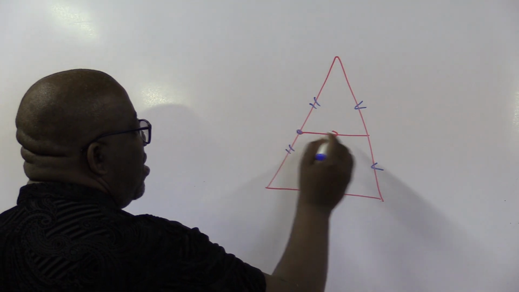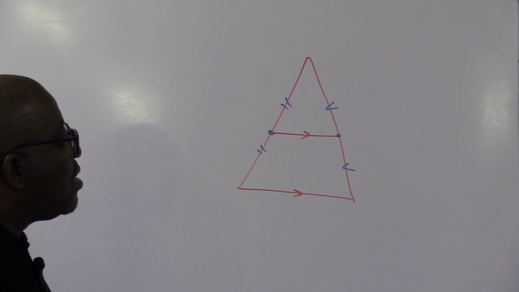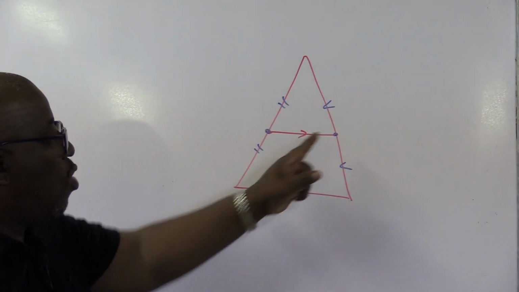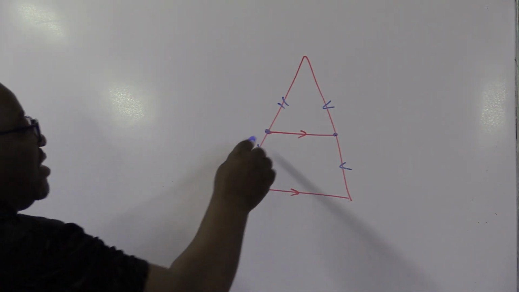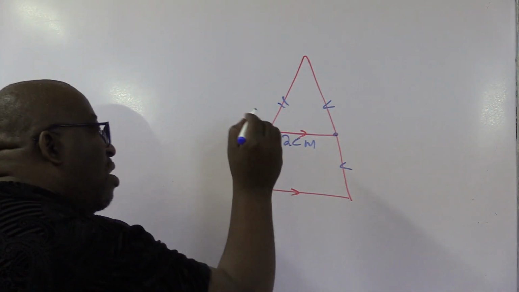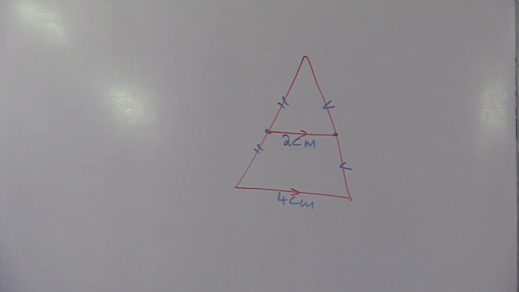So this is the midpoint, that's a midpoint. The theorem says, if this is the midpoint, this distance from here to here will be half of this distance. In other words, if this is drawn from the midpoint, and this one is 2 centimeters, the theorem says this definitely will be 4 centimeters. This is what the midpoint theorem says.